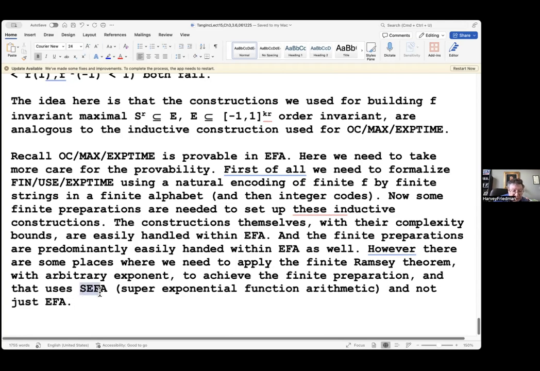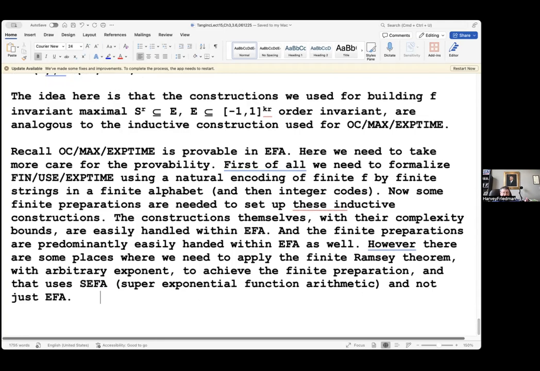In other words, you need CIFA to prove finite Ramsey's theorem with free variable exponent. That's well known, actually, that it requires CIFA. So that's why CIFA comes in improving this stuff in section 6 as we just finished.